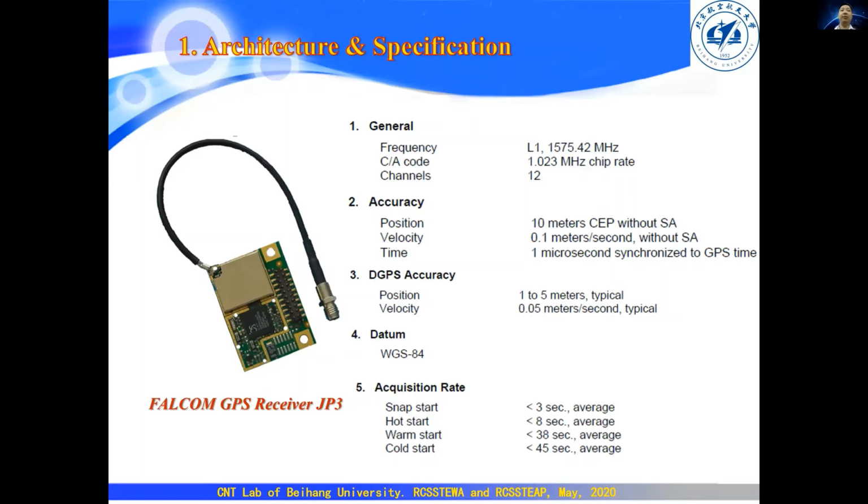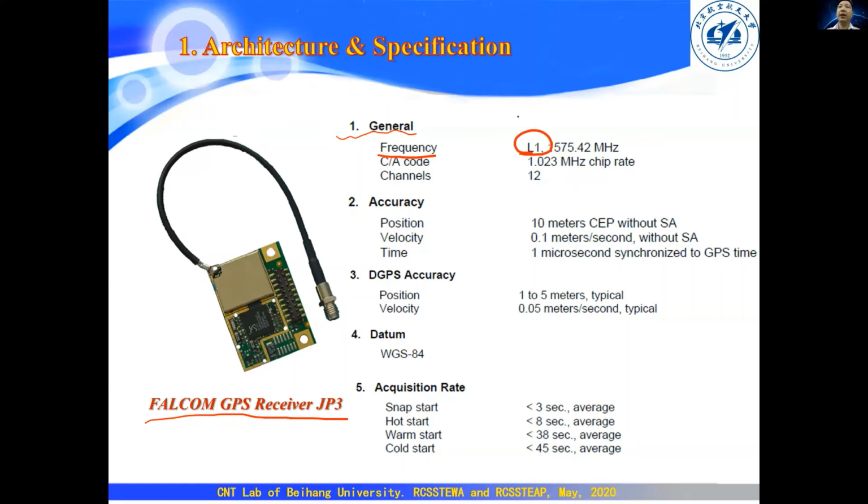Let's take an example. This is a very old receiver, the Falcom GPS receiver JP3. For this one, you will see the frequency is L1.